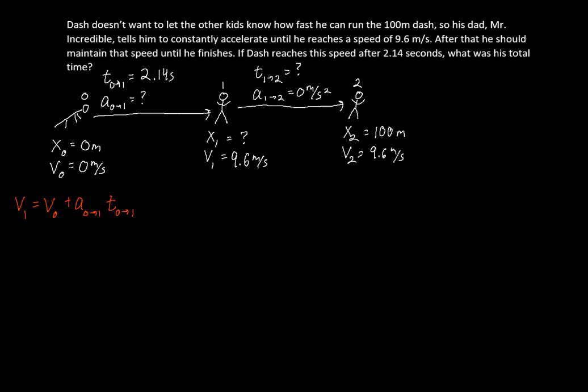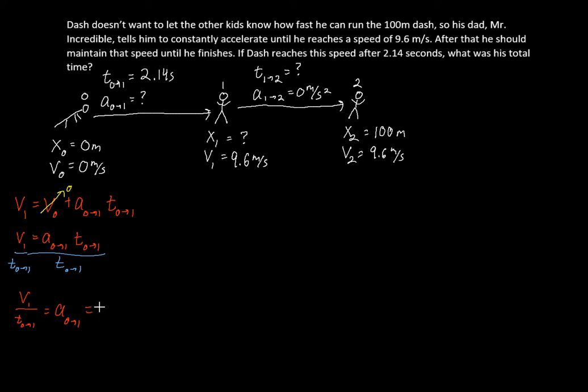Just like always, make sure you plug in your zeros first. v1 equals a from 0 to 1 times t from 0 to 1. So now we rearrange before we plug in. We need to divide both sides by t from 0 to 1. And we end up with v1 divided by t 0 to 1 is equal to the acceleration from 0 to 1.